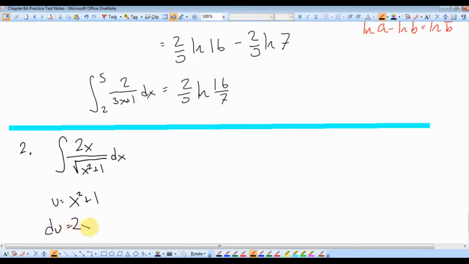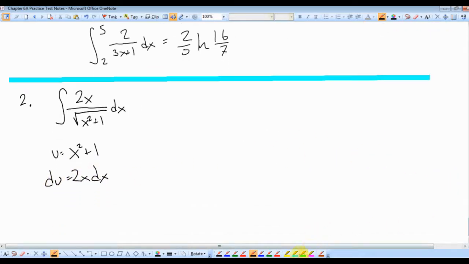Du is equal to 2x dx, which is a good thing because this 2x dx, we have the 2x there and the dx there. So both of those underlined things are going to be traded for a du.